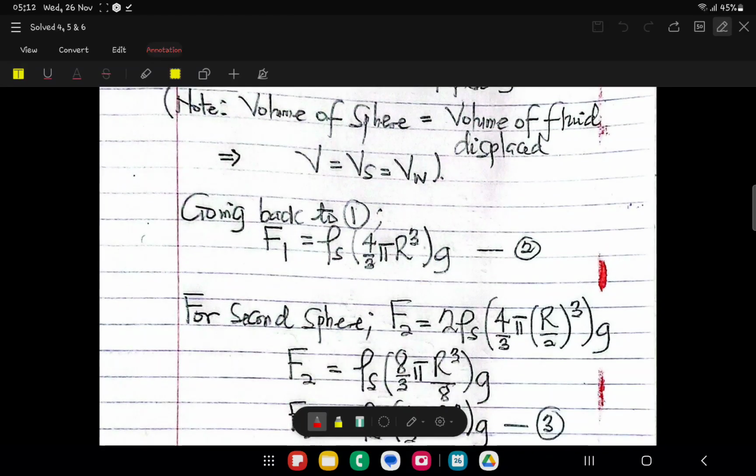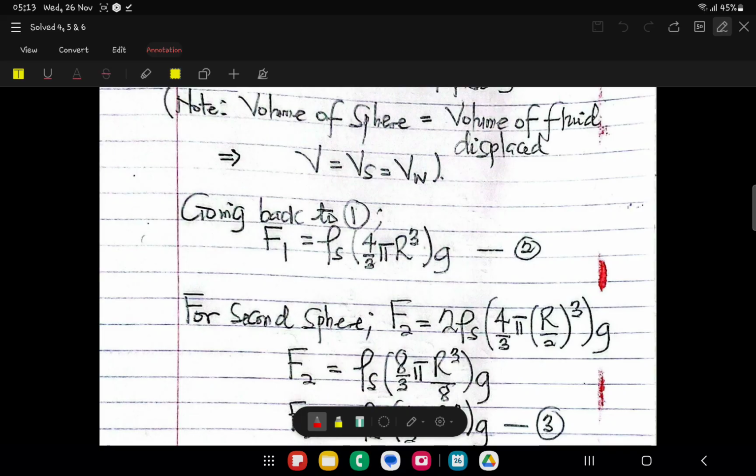Now let's look at the buoyancy force for the second sphere too. For the second sphere, you'd multiply the density by 2 like the question is saying, and then multiply that by the volume of the sphere, whose radius is now r/2.